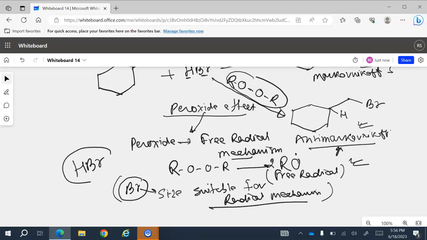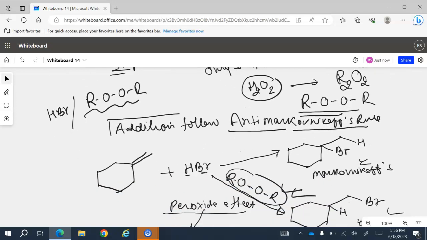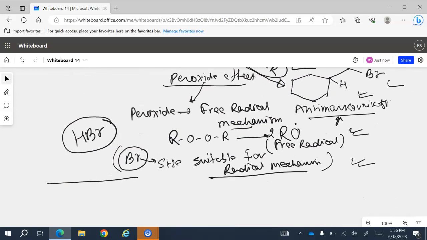So remember, HBr in the presence of organic peroxide will follow anti-Markovnikov rule. But if no peroxide is present, then it will follow the regular Markovnikov rule. It's a very important point to be noted, and this is the main reaction there. This is again the continuation of the previous one, on how Markovnikov and anti-Markovnikov addition happens.